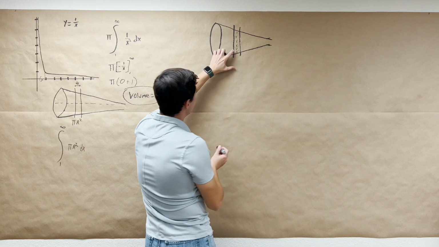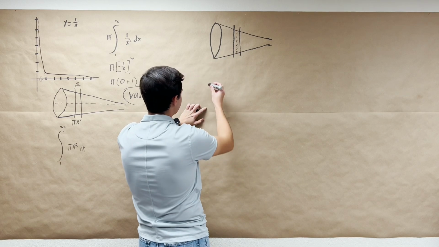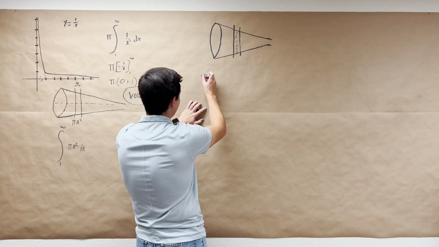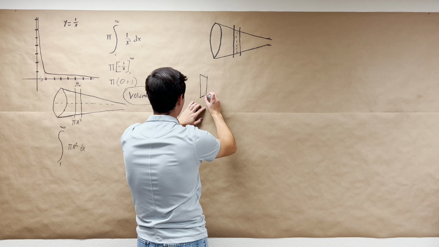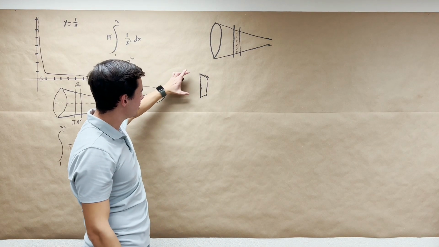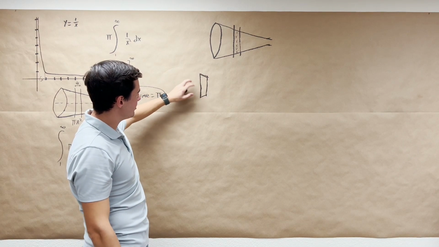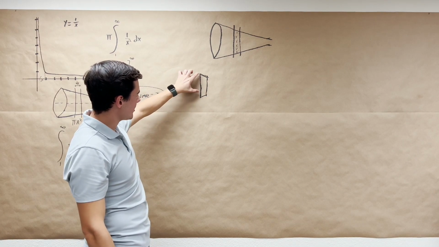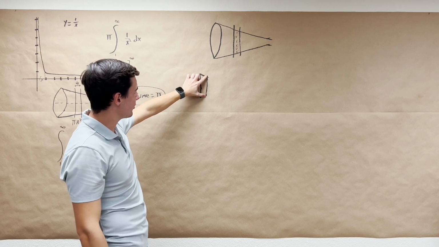And if we were to draw this section by itself just down here, we would get something that looks vaguely like this. We'll have our two slants on the top and the bottom, and our two straight faces on the front.